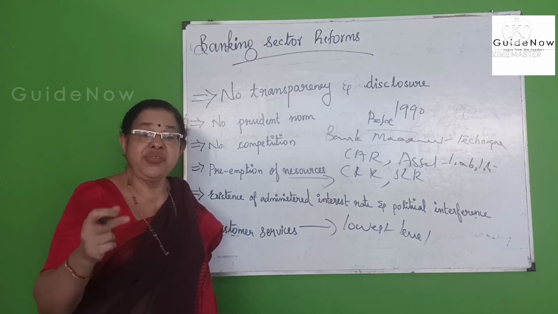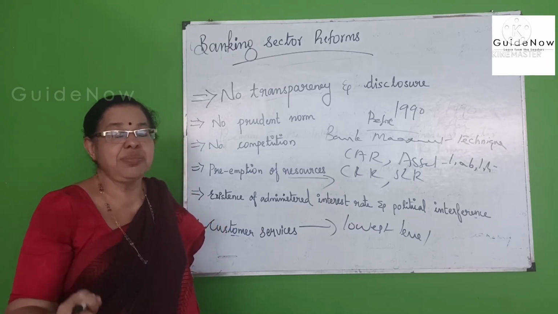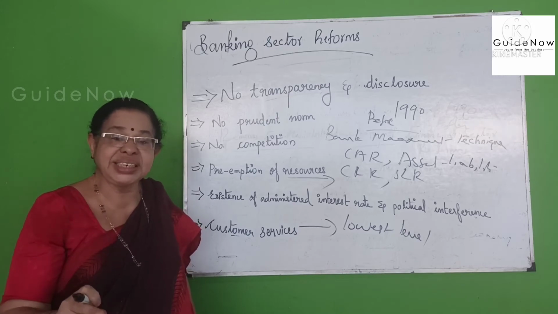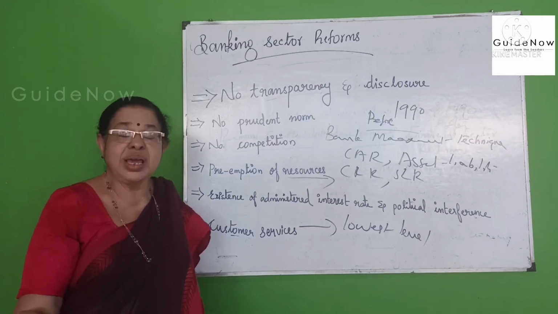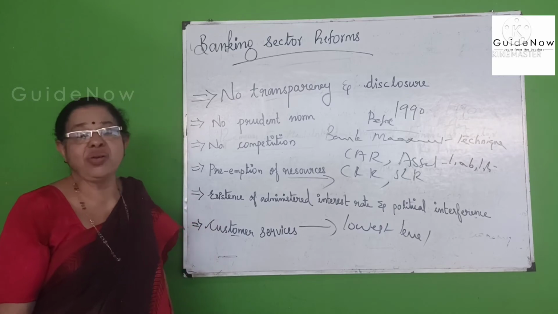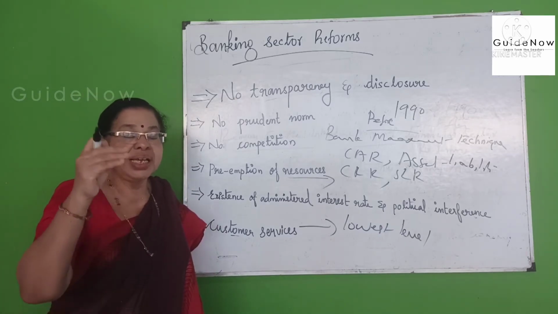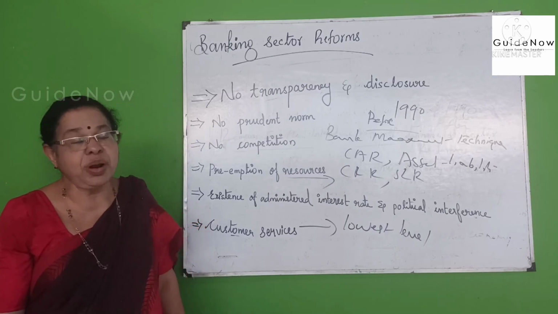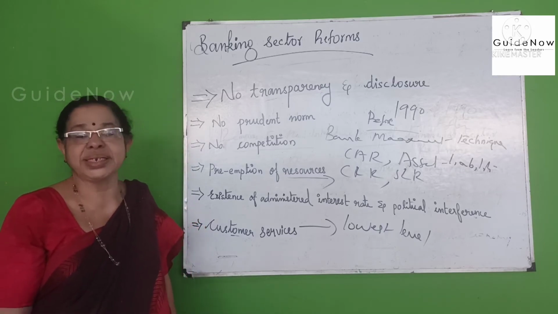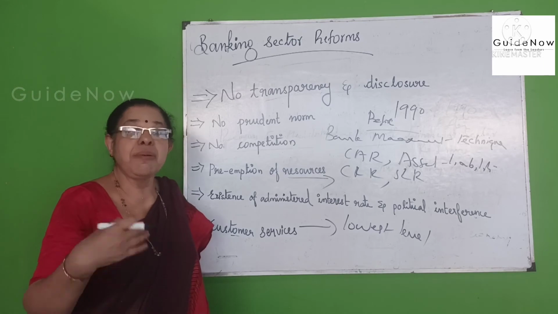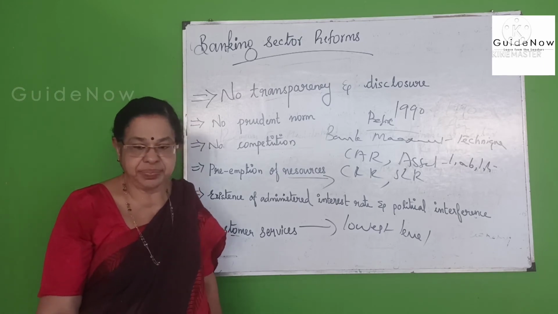If you get a question like, what are the important reasons for the introduction of banking sector reforms, or which are the important background for the introduction of banking sector reforms? Then we conclude that these are the main problems faced by the banking sector before 1991.